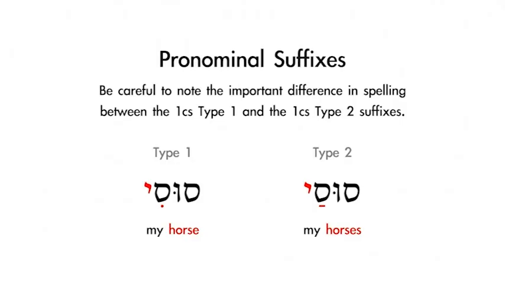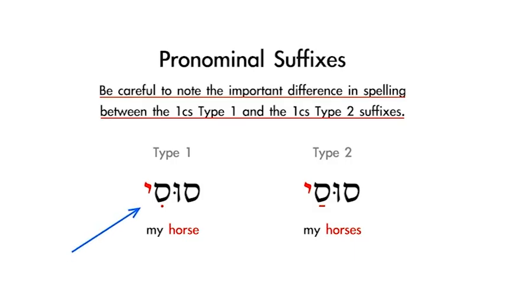Finally, with pronominal suffixes attached to masculine singular nouns, be careful to note the important difference in spelling between the 1CS type 1 and the 1CS type 2 suffixes. The only difference is the vowel that appears under the last letter of the noun to which it's suffixed. So in our first example, the type 1 susi, we have my horse, and in the second example, we have the type 2 susai, my horses.